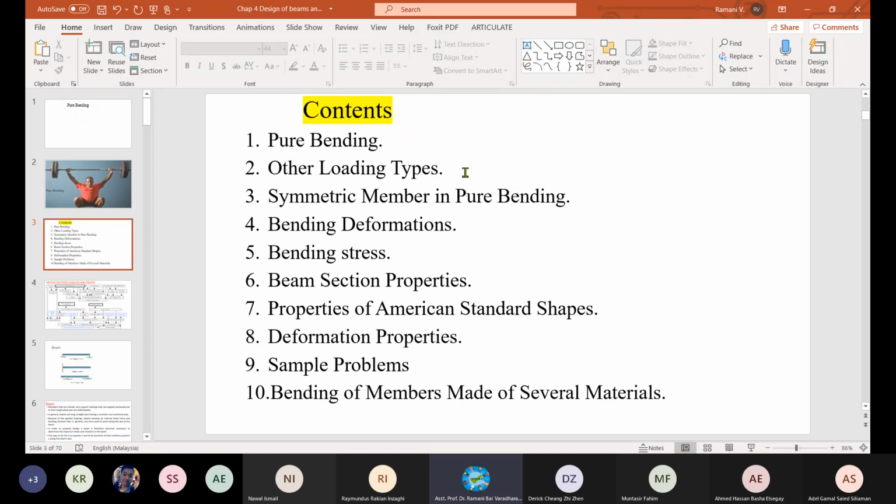And then other types of loading. What are the types of loading? Quickly, types of loading. So far you have learned, what are the types of loading you can see on a member? You understand what I said? Please make it interactive.